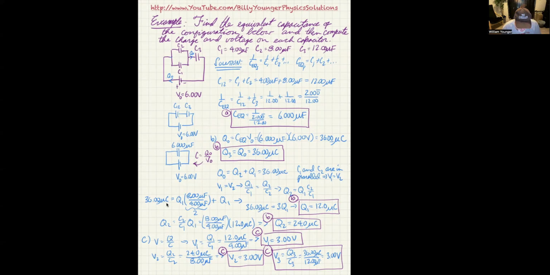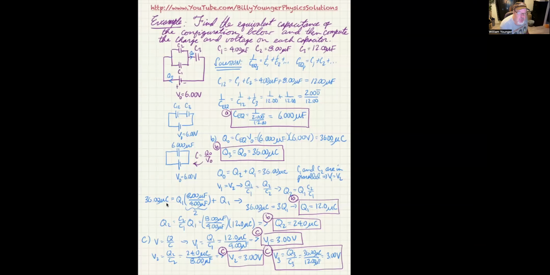So you do that. Once you find the Qs on the individual capacitors, then you can go back and also use C equals Q over phi to find out the voltages on all of them. So that's what we did there. Hopefully, y'all were able to follow that to some extent, and it's very much like one of the examples the book did.